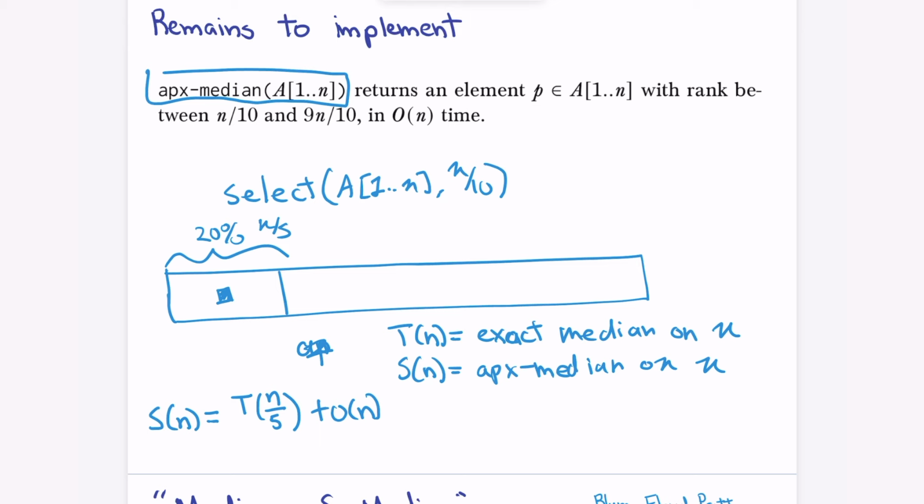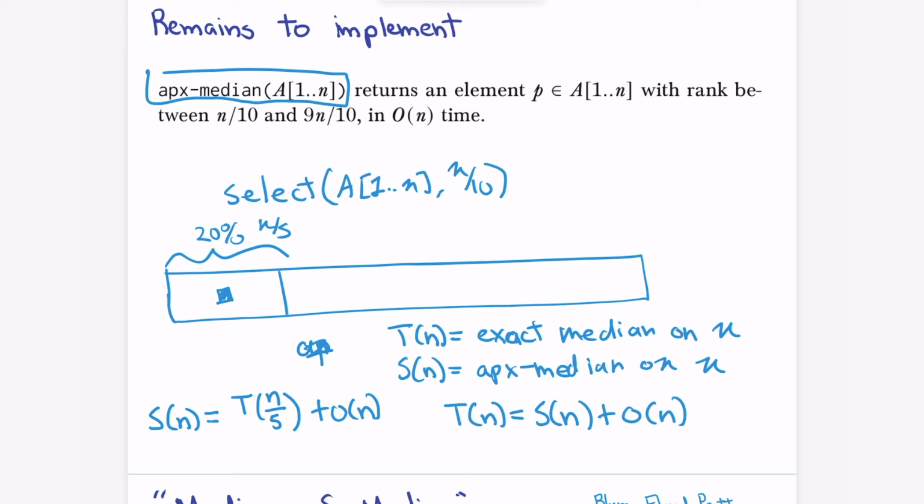And then on the flip side, we have an algorithm that runs in S of n over 5 plus big O of n. Sorry, S of n. Okay, something like this.